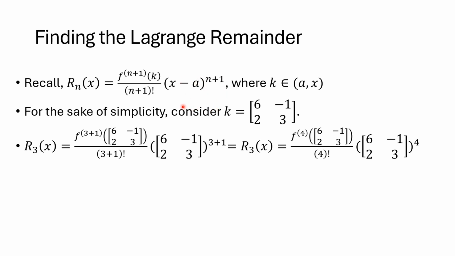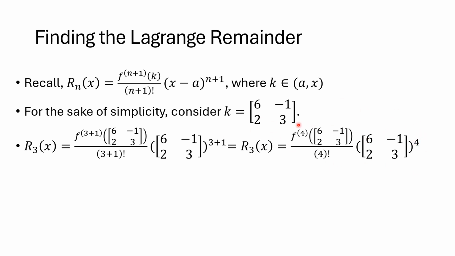Again, it would be 0 times an identity matrix, but it doesn't really matter here since it's just 0. And for the value of x, it's just going to be the matrix A, right? And simplifying this gives us this thing to evaluate right here, right?